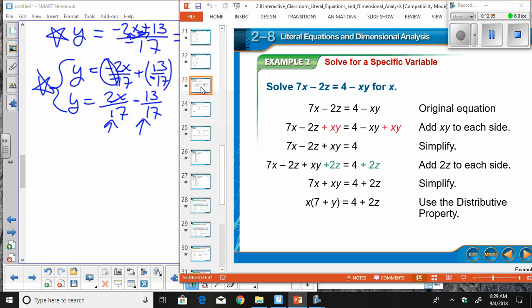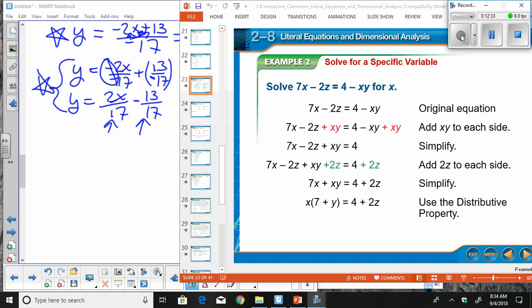So the first thing I'm going to do is get my x's together, so like terms get together. So I bring that xy over, because then it becomes positive and we have two positive x's. So then we have the x's on the same side. We can get rid of that z that doesn't have an x in it. So we add 2z to both sides, and we're left with 7x plus xy equals 4 plus 2z.